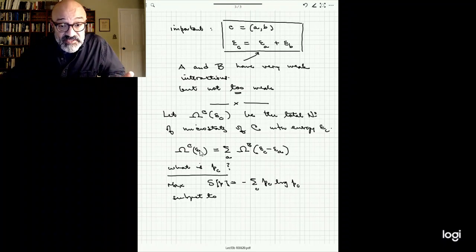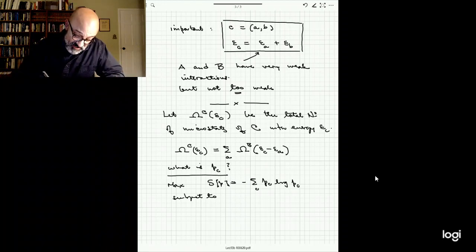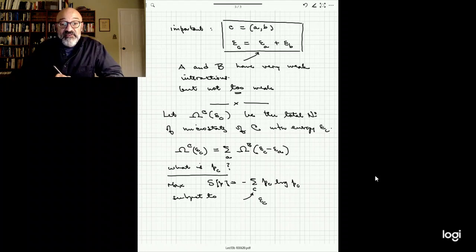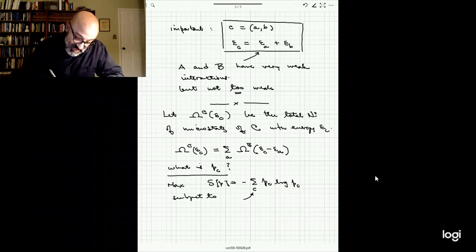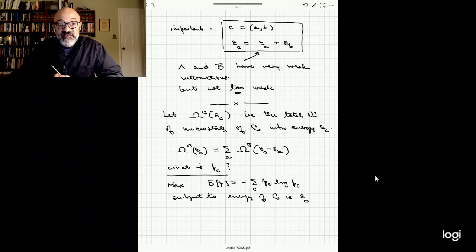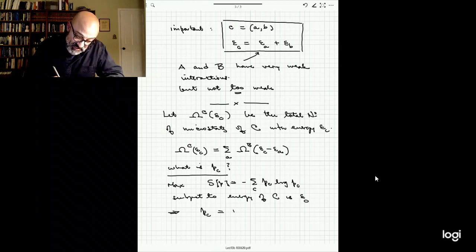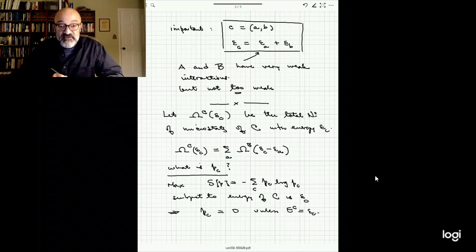The only constraint is that the states we're considering are such that the energy is equal to some given value E_C. That means immediately that P_C is going to be 0 unless the energy of C is this value E_C. How about the remaining ones, the ones that do match the energy? For all of those, we have this number.